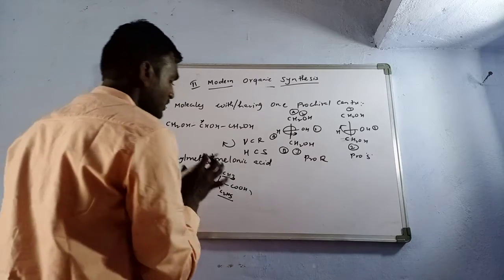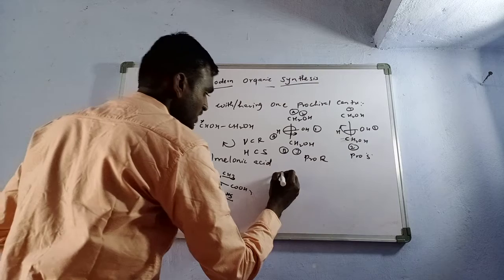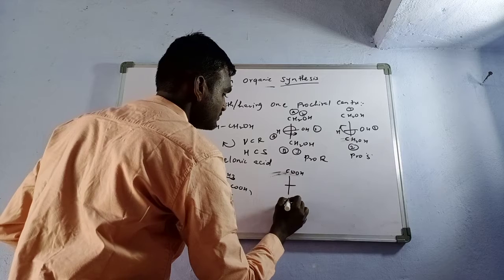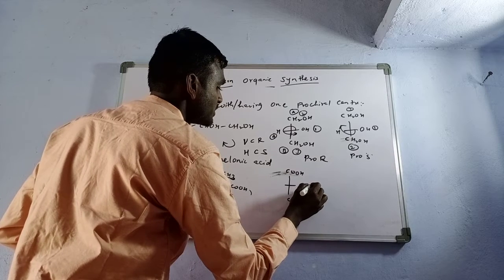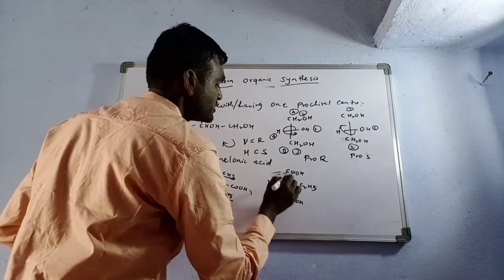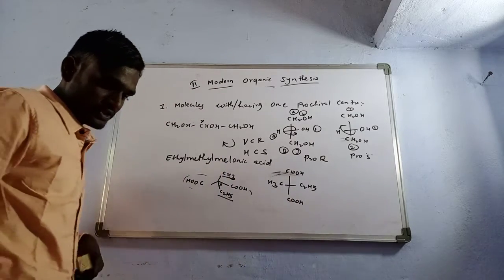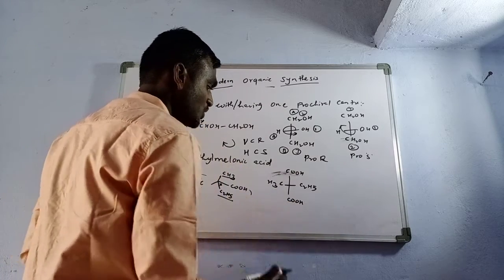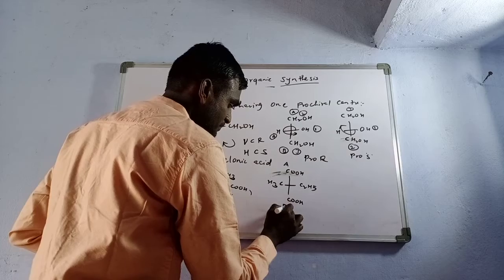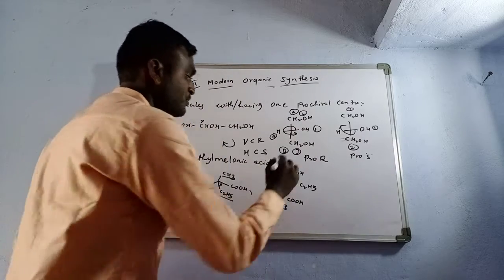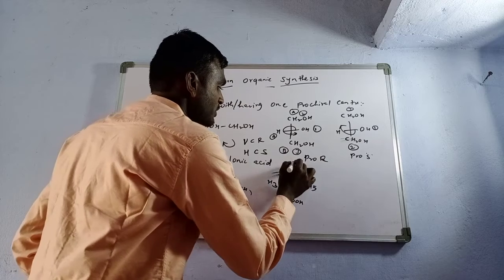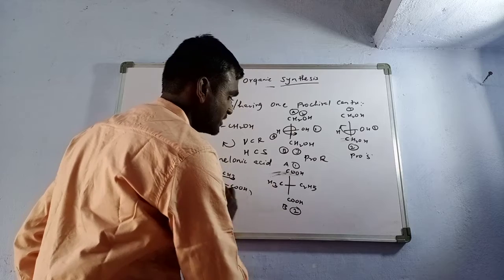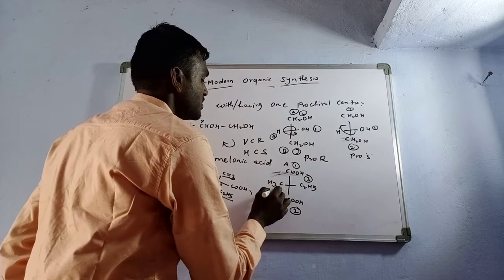After identifying the prochiral center, you should write it in Fischer projection form. We write COOH on top and bottom, and C2H5 and CH3. Now we give the priorities. These two groups are similar, so we label them. If the A group has the first priority, then B is the second priority, and this is the third priority, and this is the fourth priority.